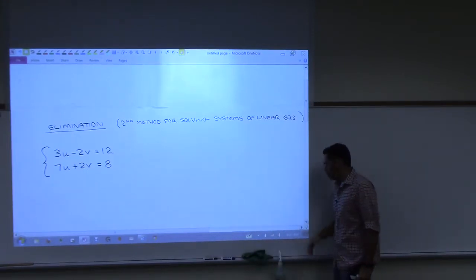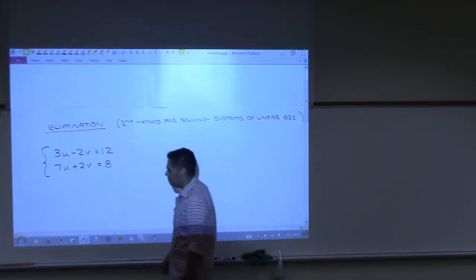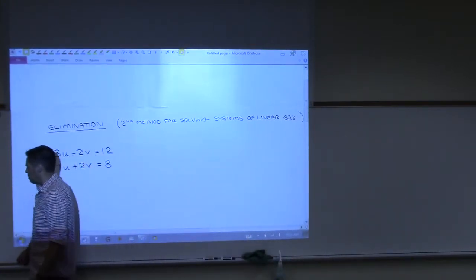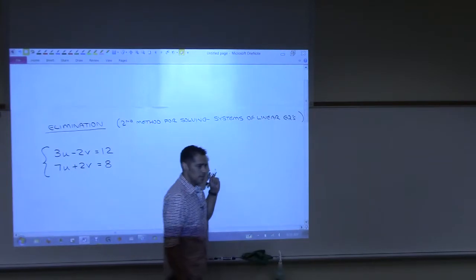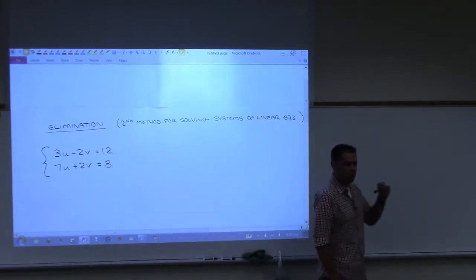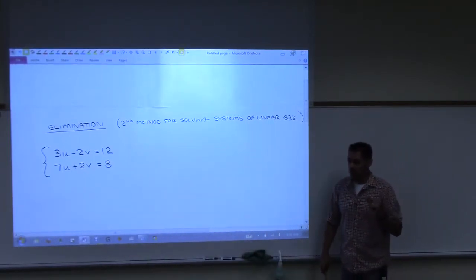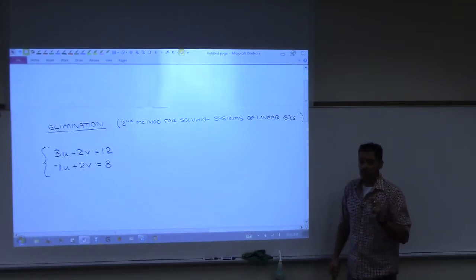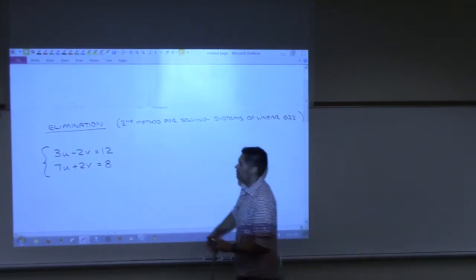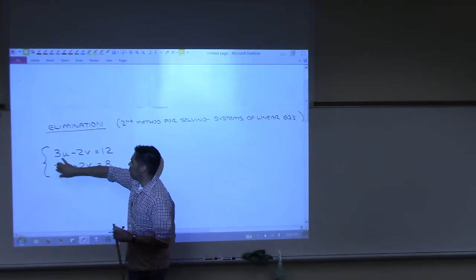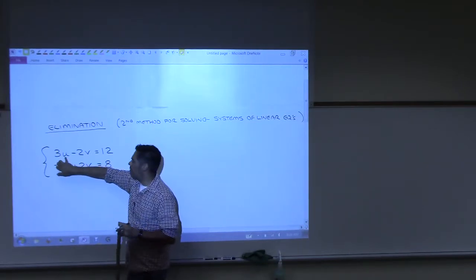Now, let's approach this from the perspective of substitution, which was last class. You would pick one of these equations and choose which variable you want to solve for. Does anyone see a problem with that? You're going to get fractions, no matter what you do. If I take this first equation and solve for u, I'm going to eventually have to divide through by 3.